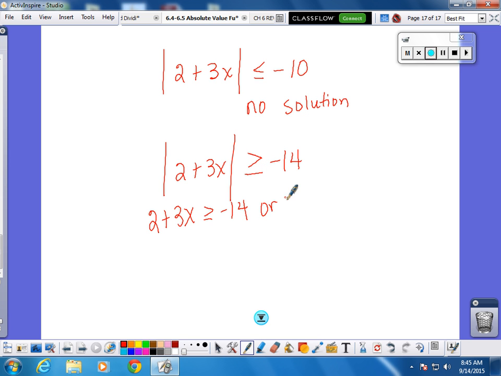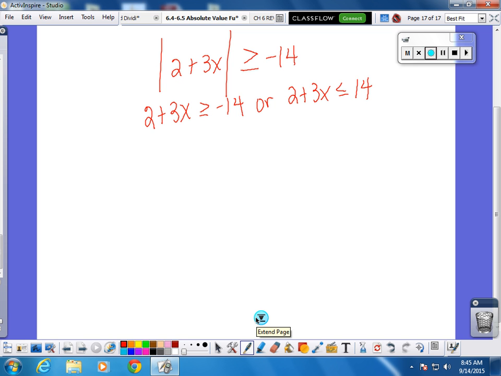Or. On the second sentence, switch the symbol on the sign. Alright, work that thing out. See what happens. You guys are going to let me do all the work. Work that out. Now I'm dividing by a positive, so I didn't flip my symbol.